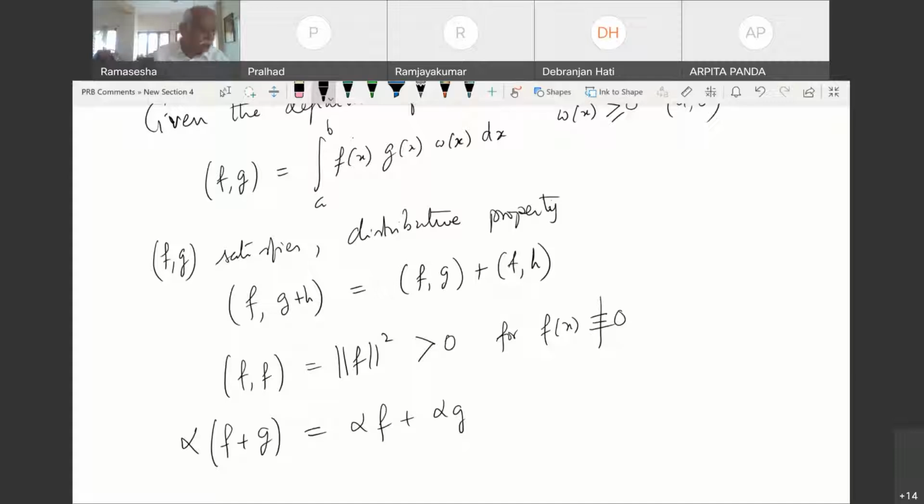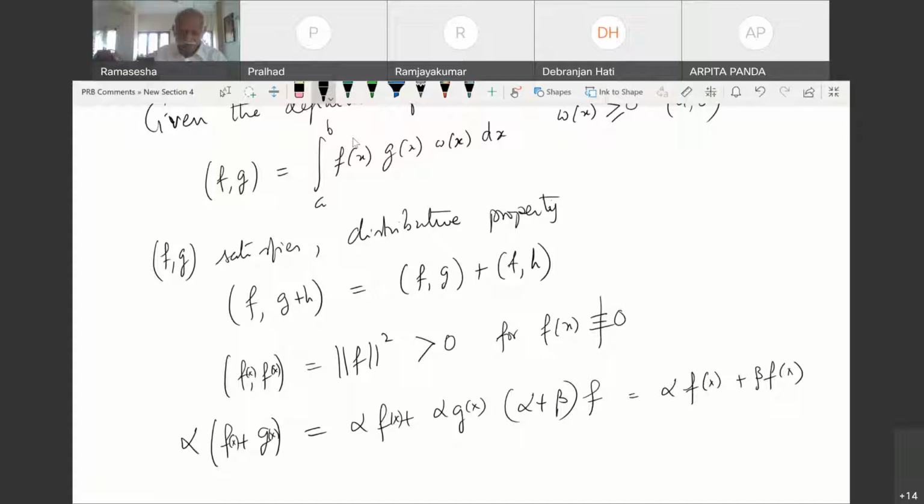So this is satisfied, and then if I take alpha plus beta and multiply this into this function f(x), then this is equal to alpha f(x) plus beta f(x).